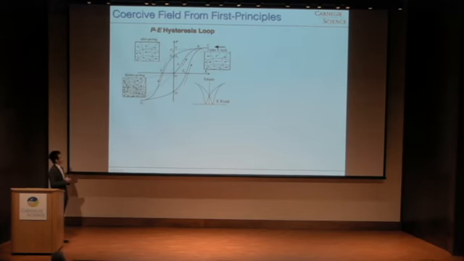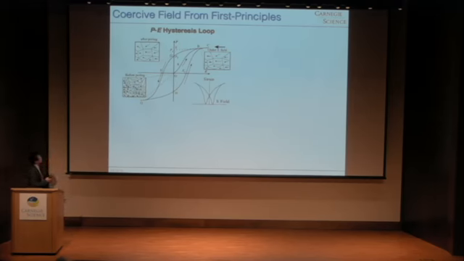So I would like to start my presentation by looking at the very fundamentals of ferroelectricity. As we all know, a ferroelectric is characterized by the polarization-electric field hysteresis loop. From this hysteresis loop, we can immediately tell the saturated polarization, remnant polarization, and most importantly, the coercive field, which is important for material design and device applications.